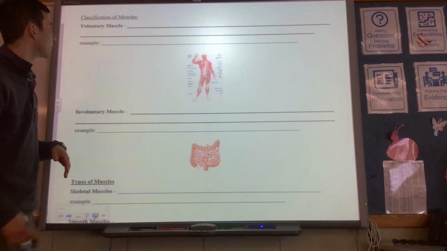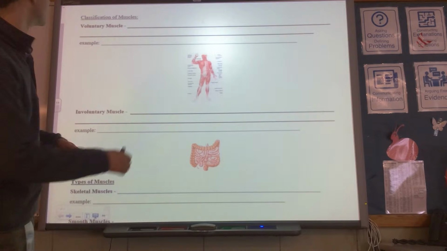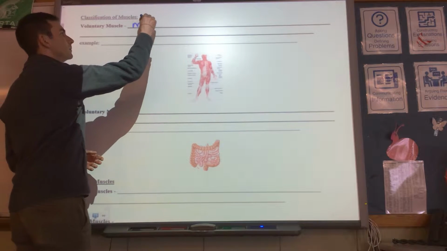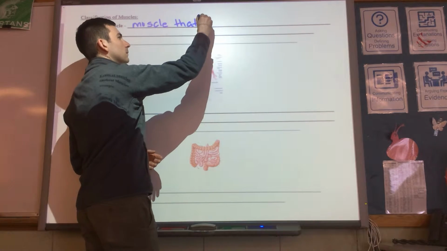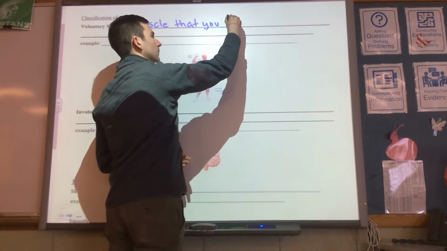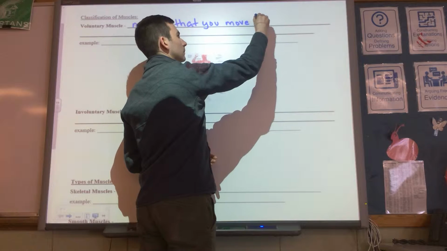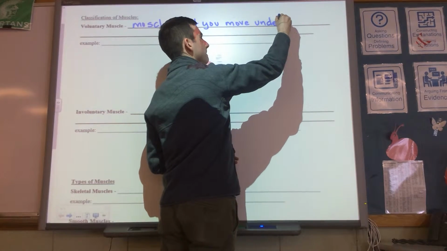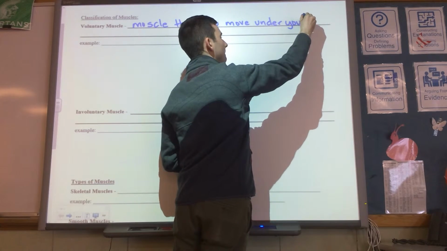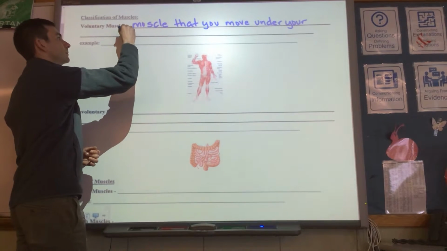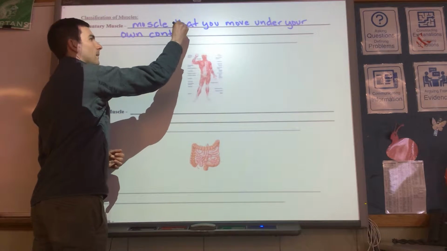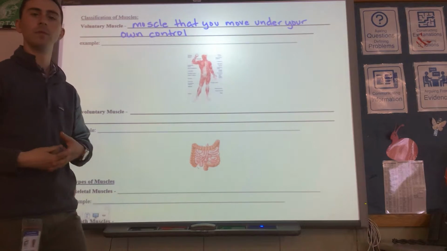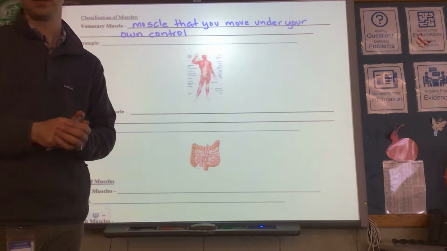The first type of muscle that we're going to talk about is voluntary muscle. This is muscle that you move on your own. So again, muscle that you move under your own control.